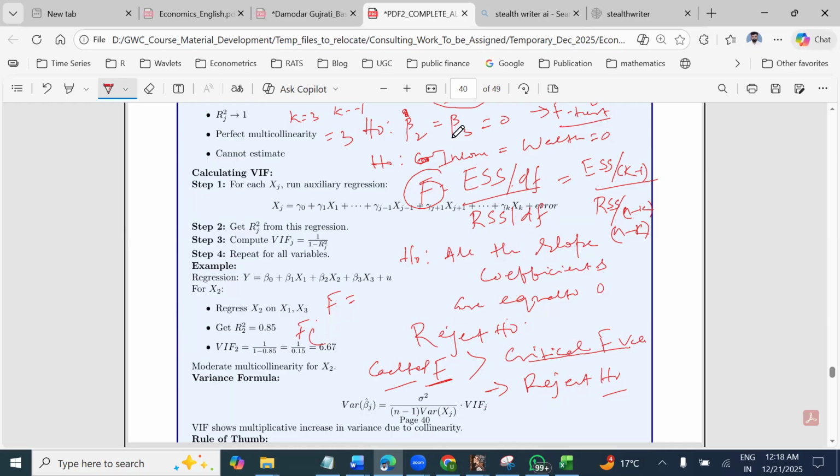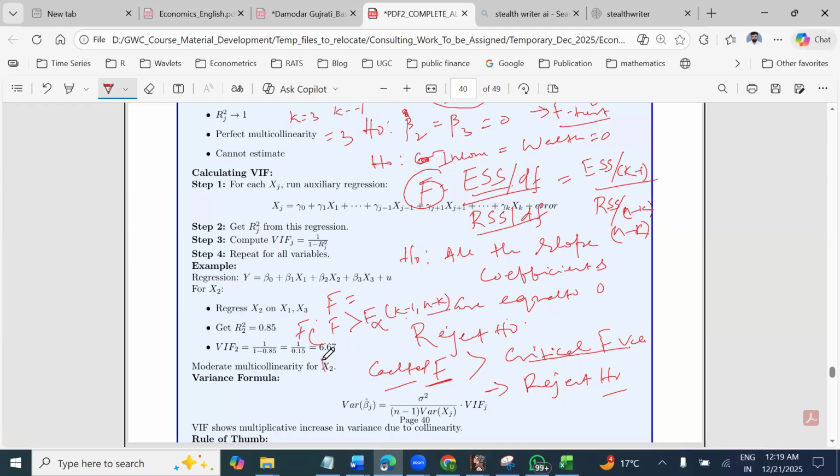So you will write: if F is greater than F alpha, alpha meaning the level of significance, and in brackets k minus 1 comma n minus k, referring to the degrees of freedom of the numerator and the denominator.